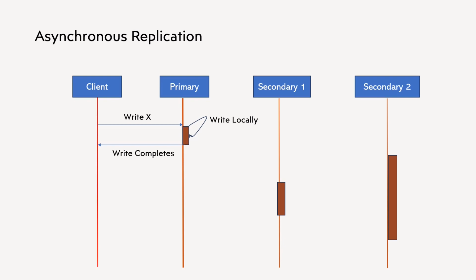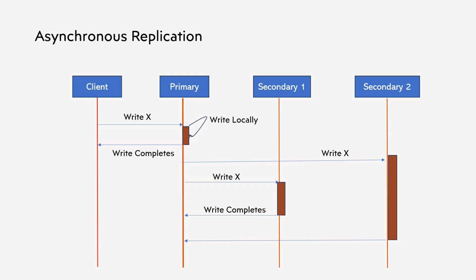After the response is sent back to the client, the primary propagates this data or request to the other secondary nodes. The main challenge here is that if the client now does a read query, the read might go to another secondary node. At that time, it might read some wrong or old data because the replication is still pending and not completely done.